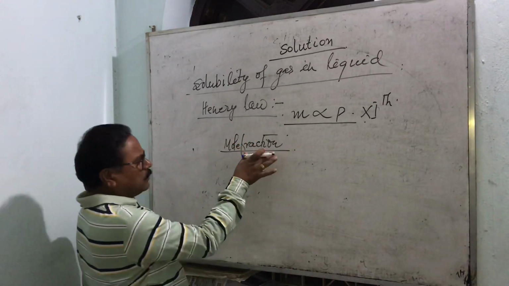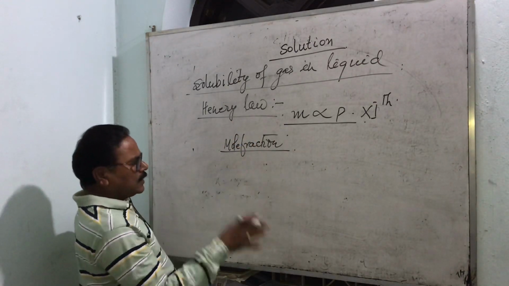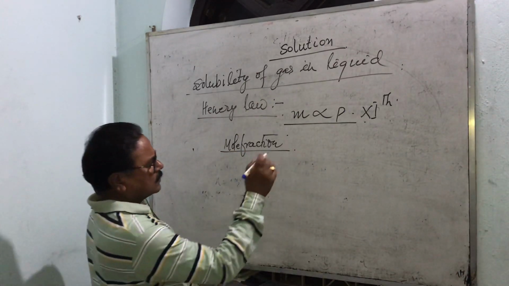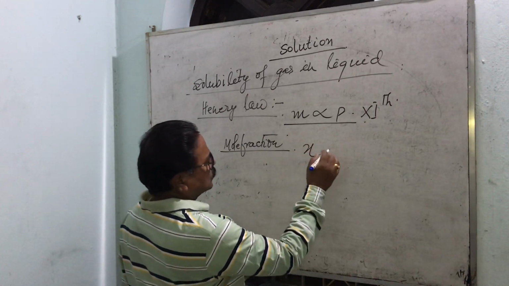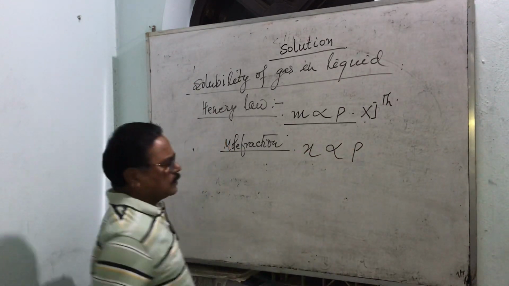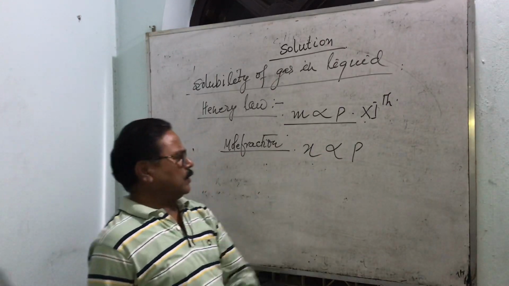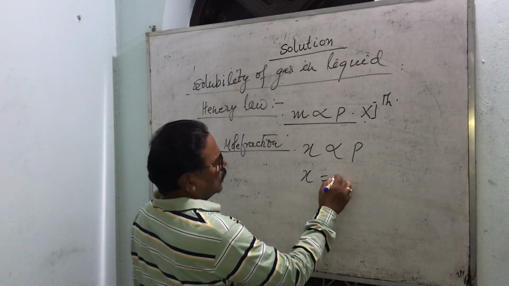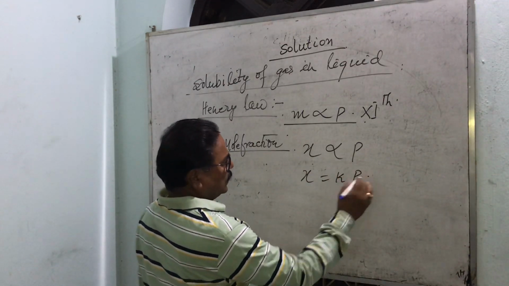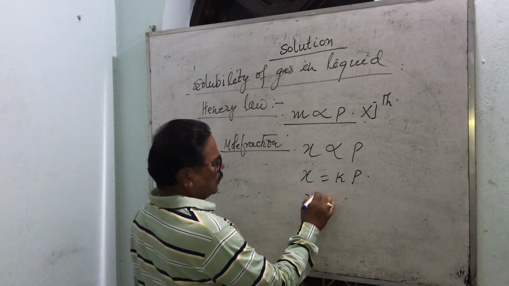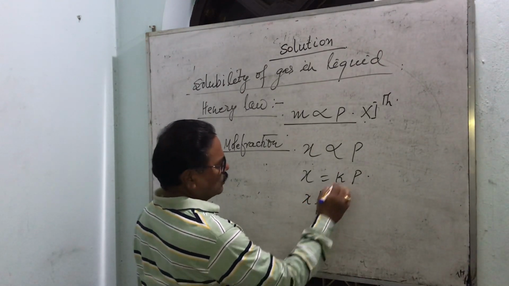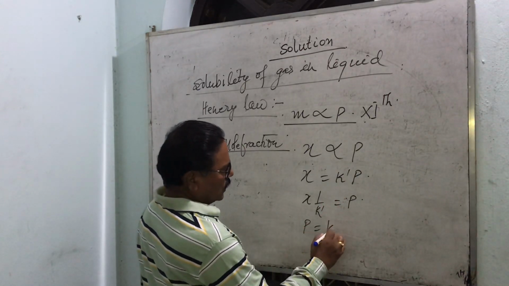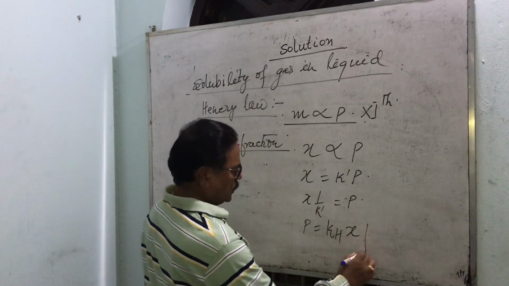So he defined solubility in terms of mole fraction, and he said the mole fraction of a gas is directly proportional to the pressure, that is, the partial pressure in the liquid. So X is equal to K dash P. So X equals 1 by K dash, suppose, into P. So P is equal to KH into X.